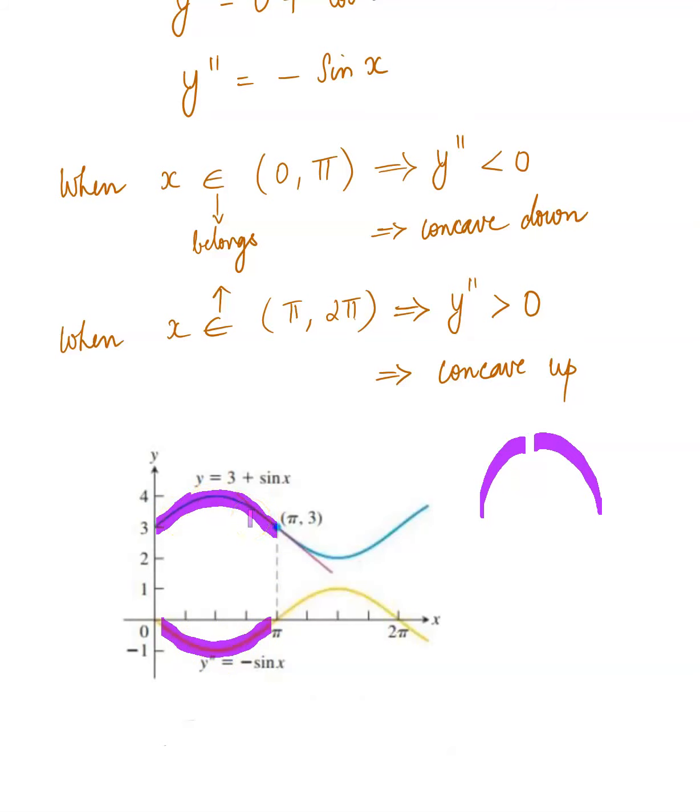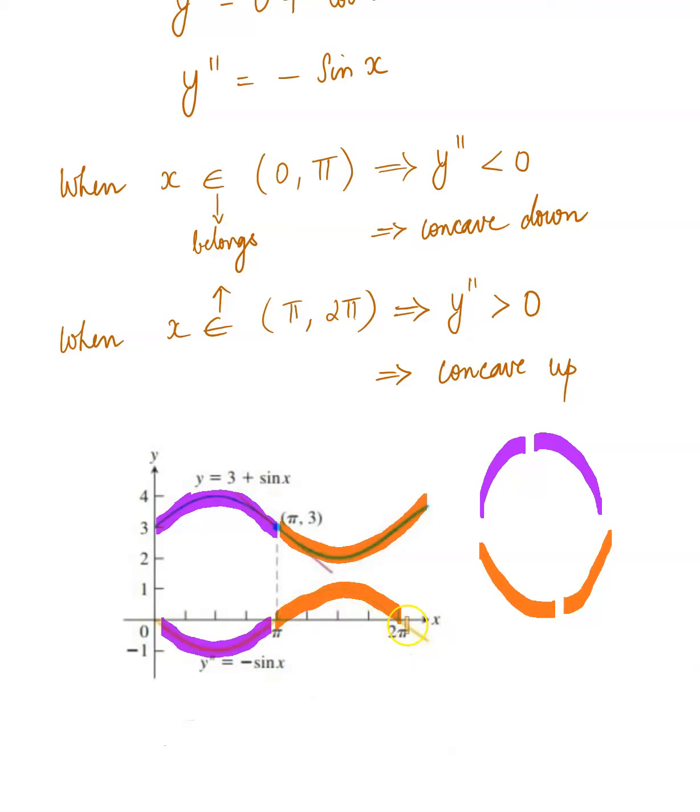Okay, and then for the other portion, you see that? That is this up-like feature. So you have the U shape forming there, and that correspondingly has this positive part, where the y double prime is positive. Again, remember, after that, up to 2 pi you have that information.